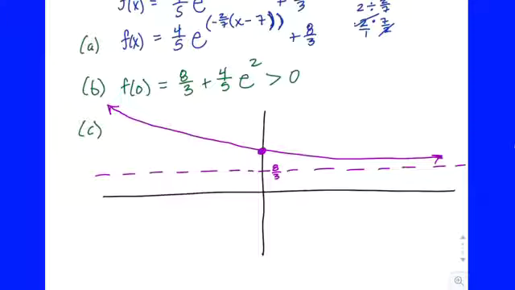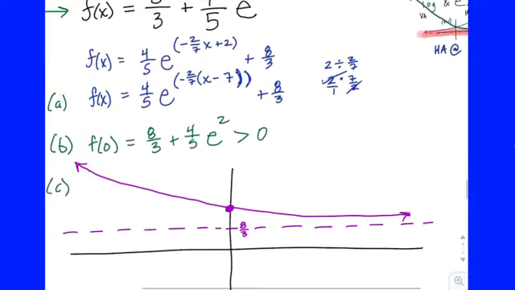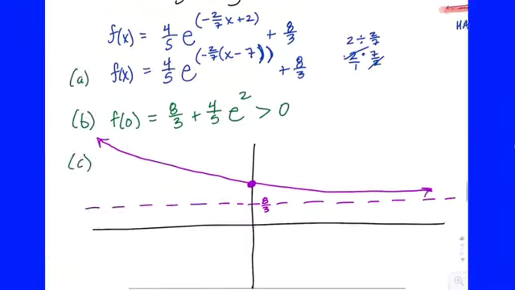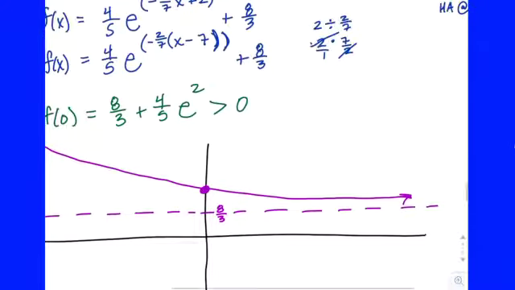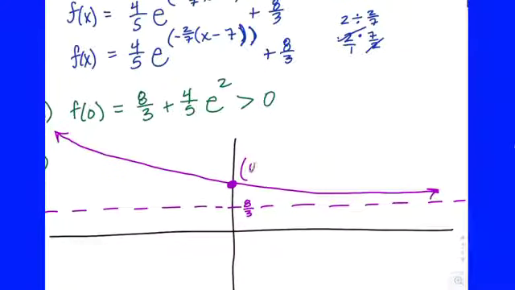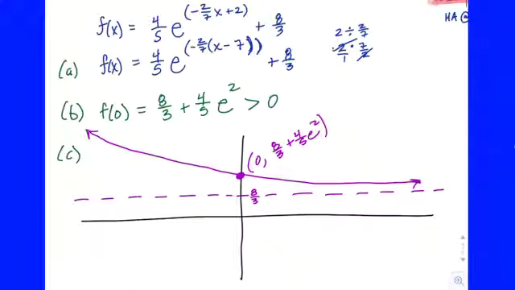So really, when it comes to the graph, that's pretty much all you have to show. Your horizontal asymptote is labeled. You have arrows on the end. It's decreasing, approaching the horizontal asymptote. You don't really even have to label the y-intercept because I didn't ask you to. But if you wanted to, it would be 0, comma, and then it would be the fantastic number 8/3 plus 4/5 e squared. That just kind of clutters up the graph.